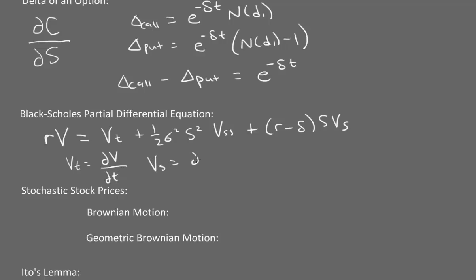Vs is the change in the value of our option with respect to S, the stock price, and Vss is the second derivative of the value of our derivative with respect to S twice.